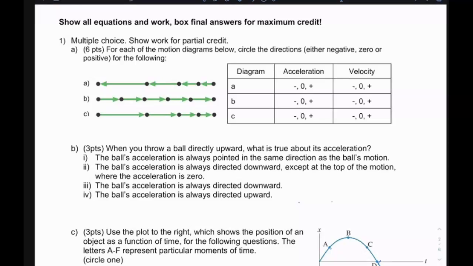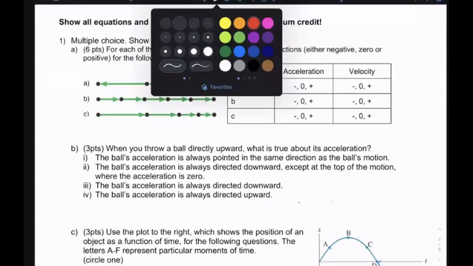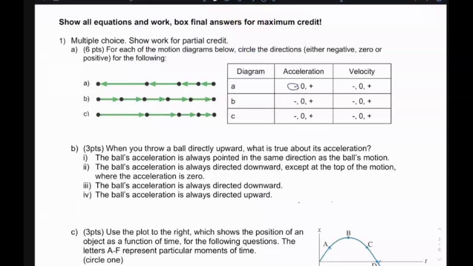So this object has a negative velocity, and that velocity is increasing. That means its acceleration must have the same sign as the velocity, so it too must be negative. So the correct answers for Part A are negative acceleration and negative velocity.